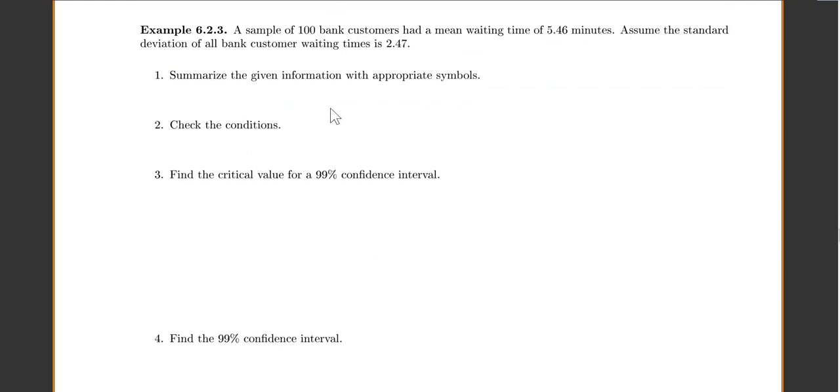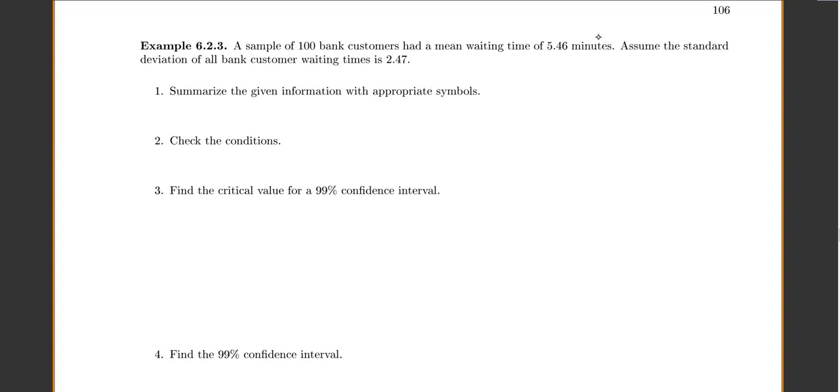Okay. Let's try one now. We have a sample of 100 bank customers with a mean waiting time of 5.46 minutes. So n equals 100. X bar equals 5.46. Notice it was for our sample, so that's our sample mean. Assume the standard deviation for all.